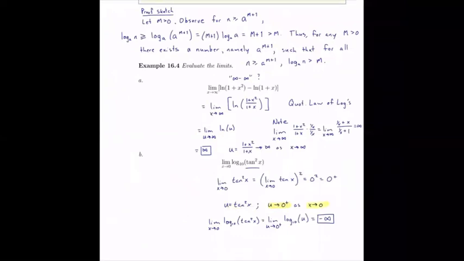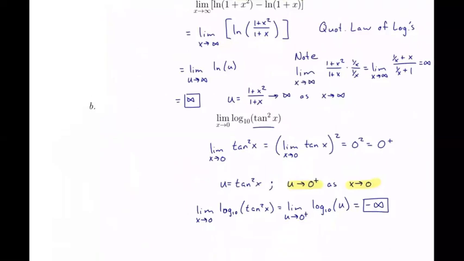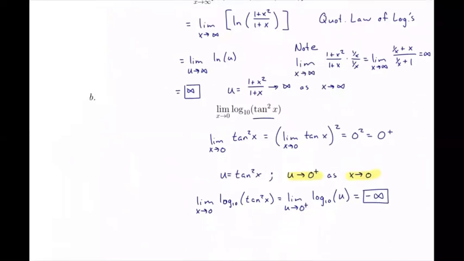We've affirmed that from up above. Now I can just replace tangent squared of x with u, and u is approaching 0 from the right. So we made that correction down here. And we have log base 10 of u, and that's exactly what the rule looks like above us. So we get negative infinity out of that.